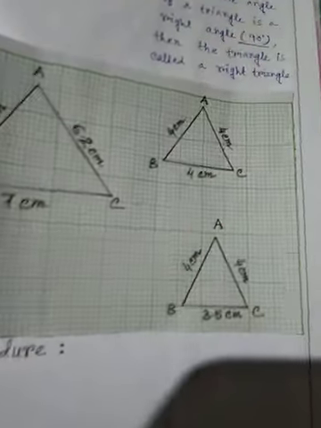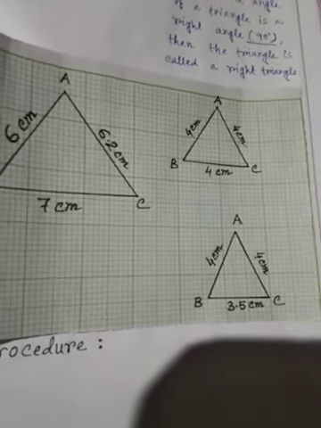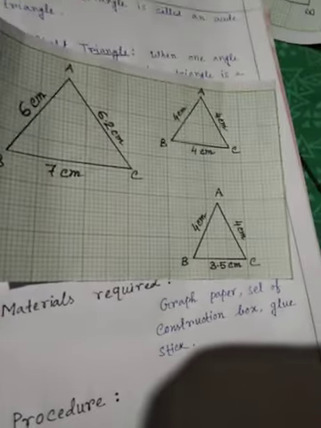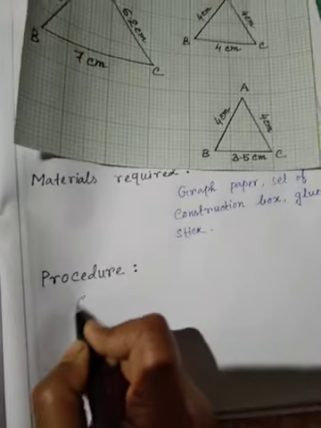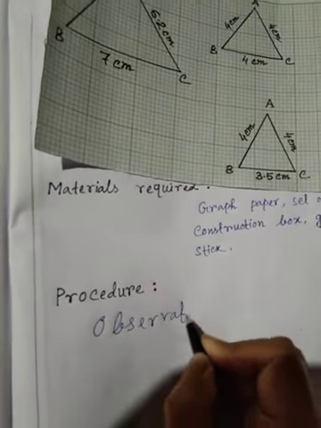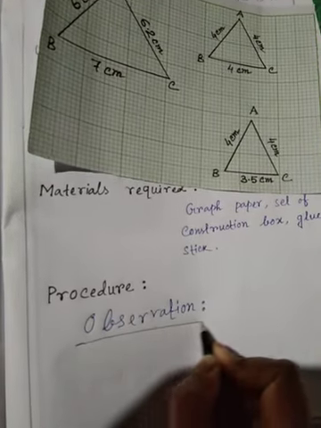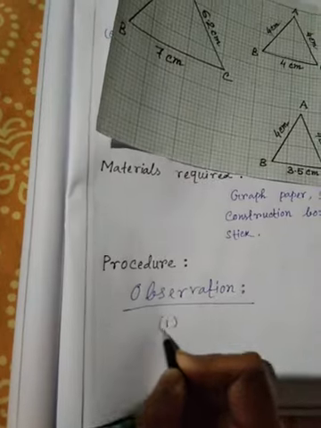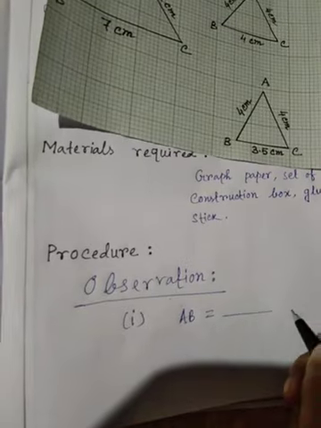So here I have taken three triangles on the basis of their sides. You know the definition of these three different triangles. So here in the procedure part, after drawing these three triangles on the basis of their sides, in the observation part you have to write for figure 1: AB equals how much length, that part you have to write.